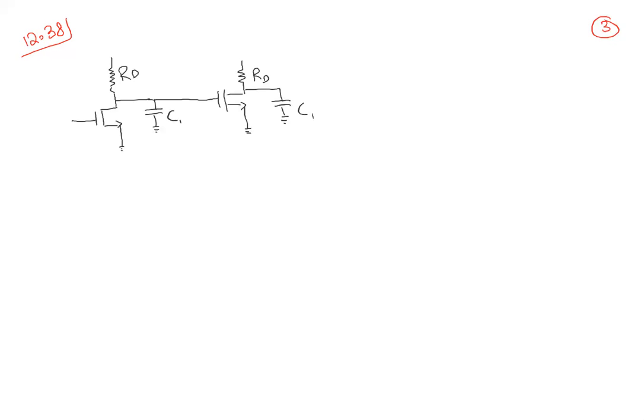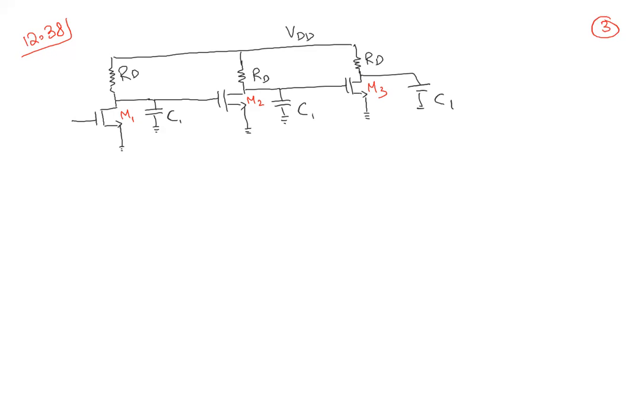So C1, these are all C1, and this M1, M2, and this M3, all of them are identical, meaning that gm1 is equal to gm2 is equal to gm3, and similarly RD are all the same, and the capacitances, which are C1, are the same.